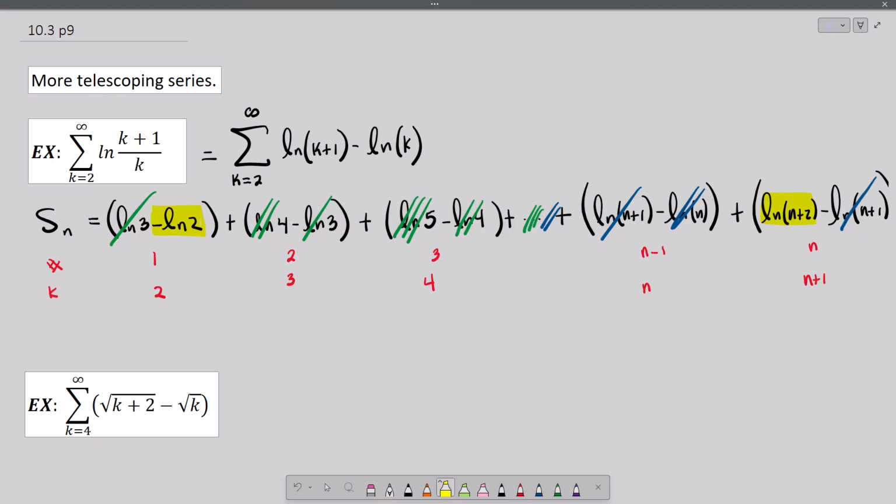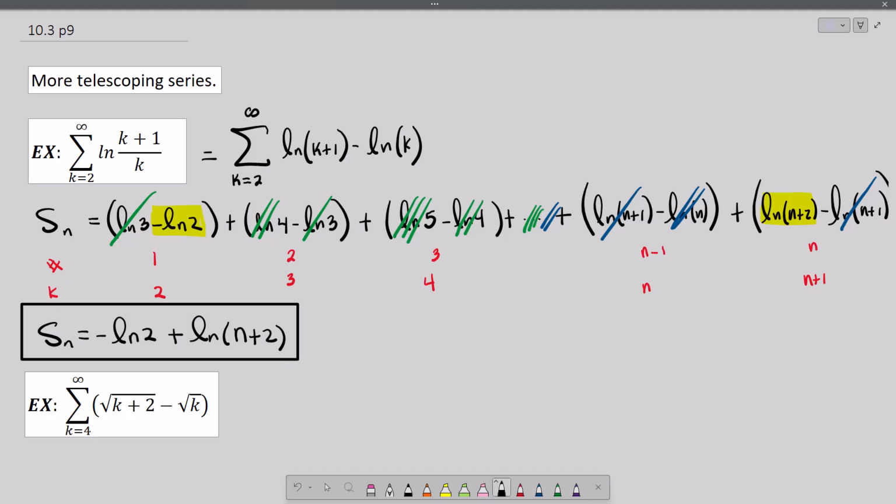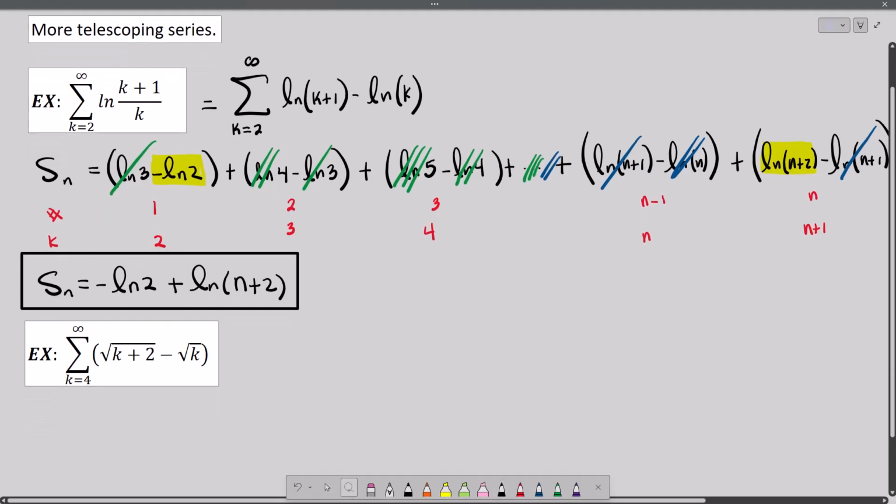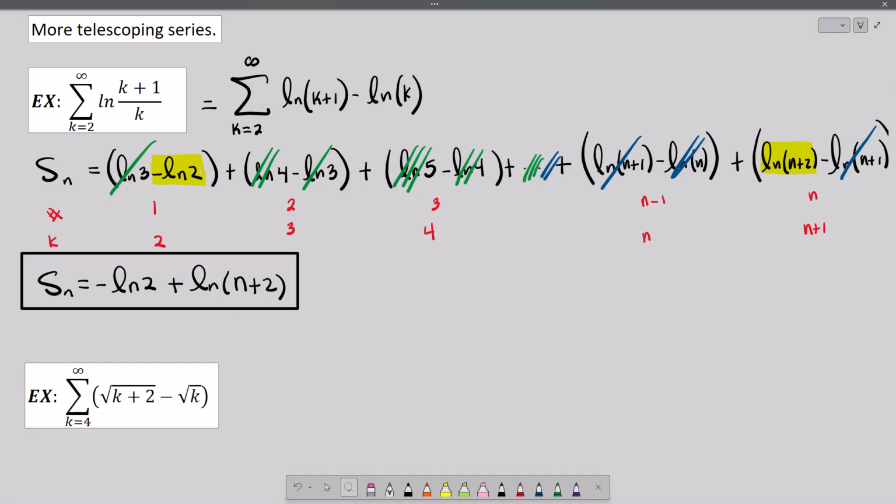So our S of n can then be written as the only part in the front that's persisting, plus the only part in the tail end that's persisting. So that gives us a formula for the nth partial sum. That is our formula. Any questions on generating that formula?